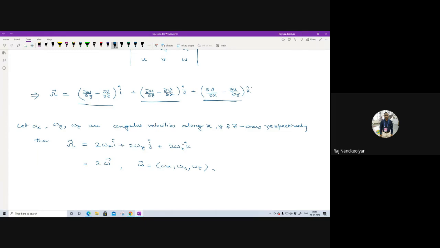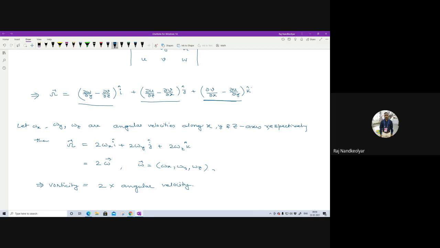So we get a relationship: vorticity is equal to 2 times angular velocity. Any doubt?